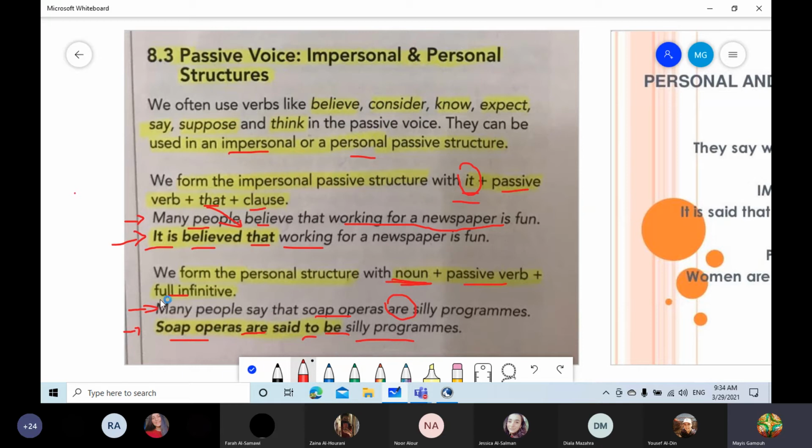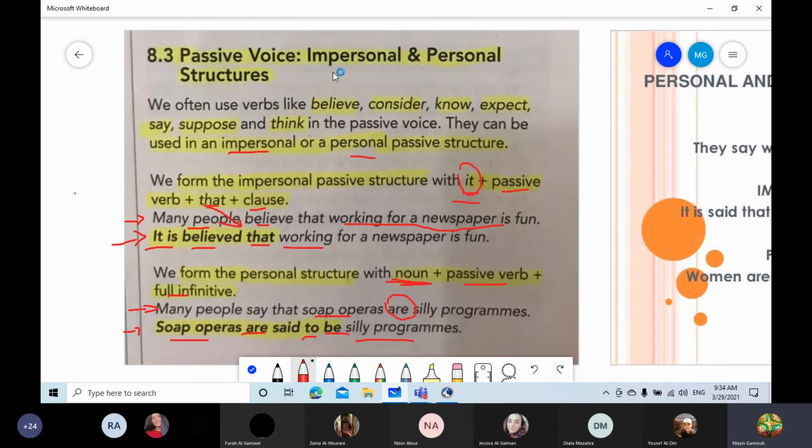Do you see the difference here? With the impersonal, I have to start with it. With personal, I have to start with my object, which is soap operas in our sentence. These are the pieces of information that you have to take into consideration regarding the impersonal and personal structures.